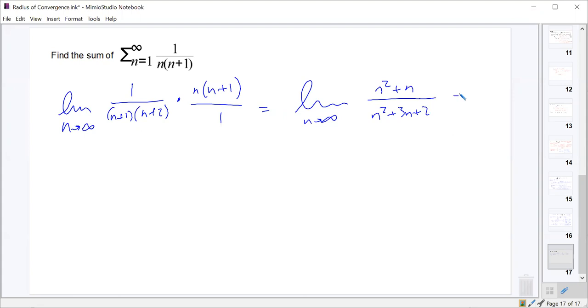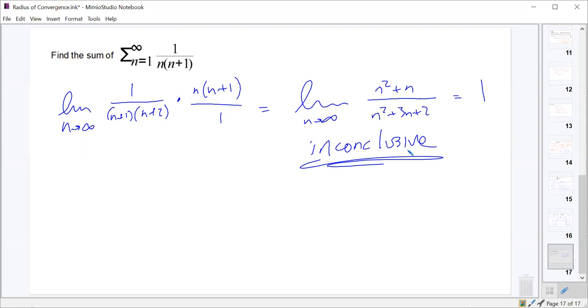And we know that's just a rational function. And if the degree of the numerator and denominator are the same, we divide, and exactly like you said, Adrian, you end up with 1, right? And so this is the first time we've come across this where our ratio test is inconclusive, right? This is in that part 3, where it wasn't less than 1, it wasn't greater than 1. We're not sure if this thing converges or not.